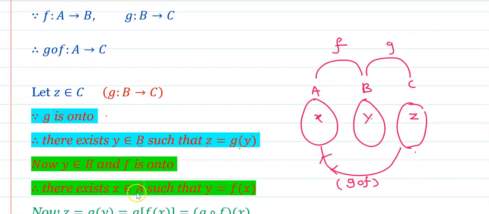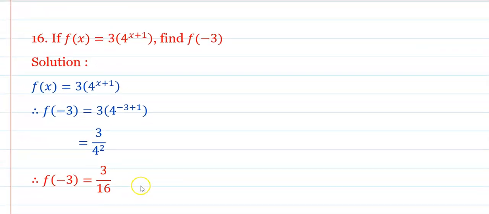Now the next question. Question number 16 is a very easy question. f of x is equal to 3 into 4 raised to x plus 1. Then find f of minus 3. That means x is replaced by minus 3. f of minus 3 is equal to 3 into 4 raised to minus 3 plus 1, and the simplification is very easy.